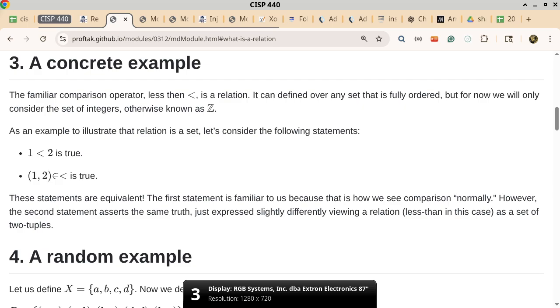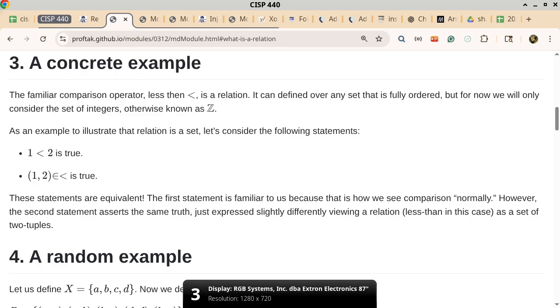It depends on what name you choose to use for the set. I chose this really weird name for the set in this case. R is the name of the set, the Cartesian product between, whatever name you want to use.